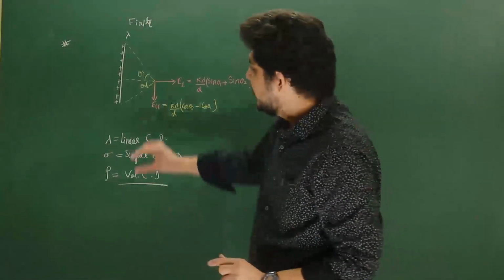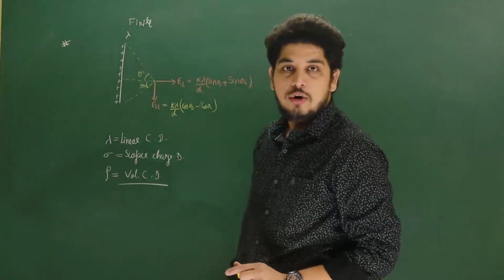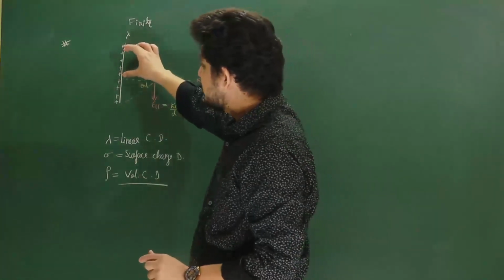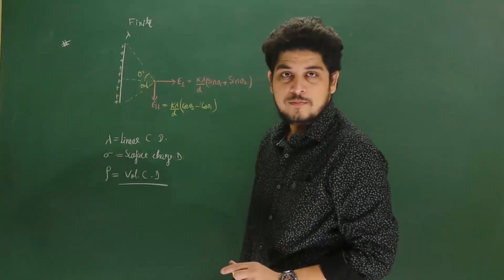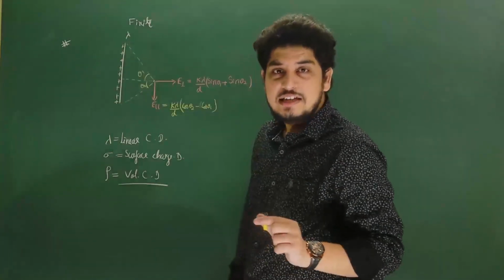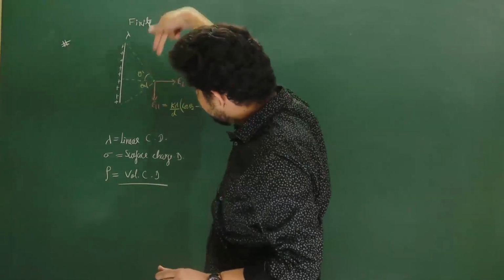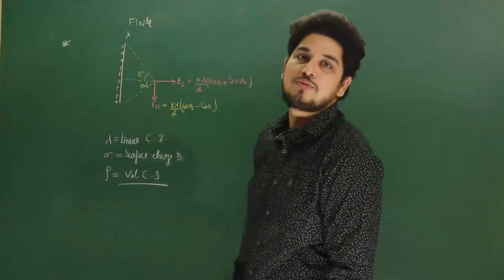Sir, how? If this upper part is larger in size than this lower part, then the net electric field in the parallel direction will be downward if the charge is positive.